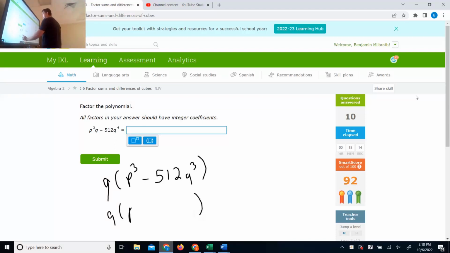You cube a p to get a p cubed. You cube an 8 to get a 512. And you cube a q to get q cubed. I'm getting tongue-tied on these things. Here we square the p, p squared, plus, because it's a difference of 2 cubes, 8q times p is 8pq.